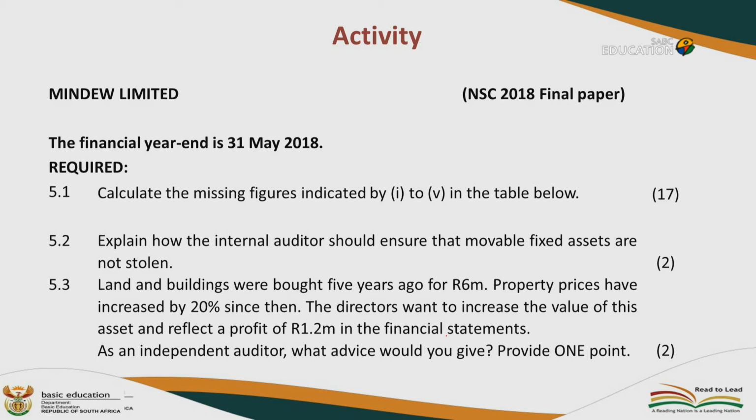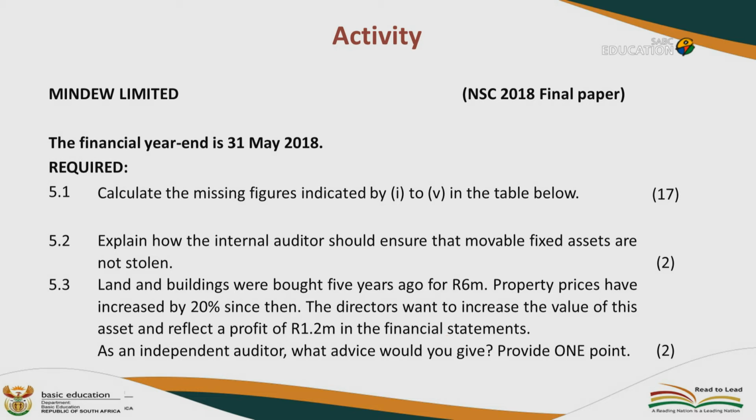We are now going to look at our activity. Our activity for today has been extracted from the NSC paper for 2018. We are going to start with 5.2 and 5.3. The reason is that we want to spend more time on the calculations. So we'll park 5.1 and do it later.